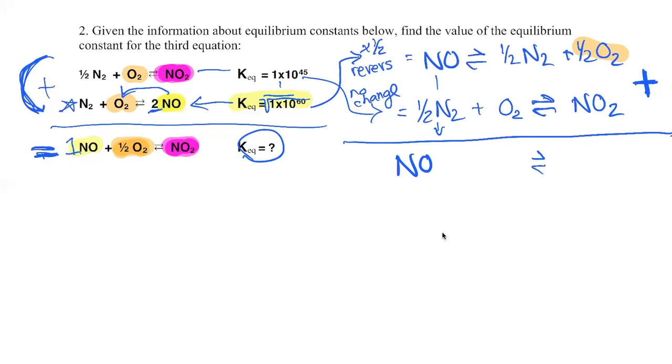But I've got that on both sides of my equation. So 1/2 and 1/2, opposite sides of equilibrium arrows. So it gets created and then it gets used up. So it's going to cancel out and it's not going to appear in my final equation, which is good. That's what I want.